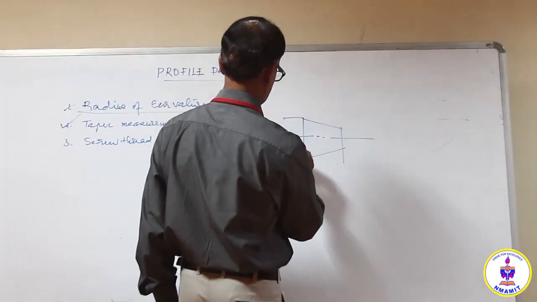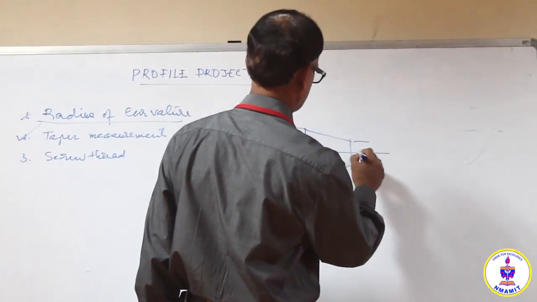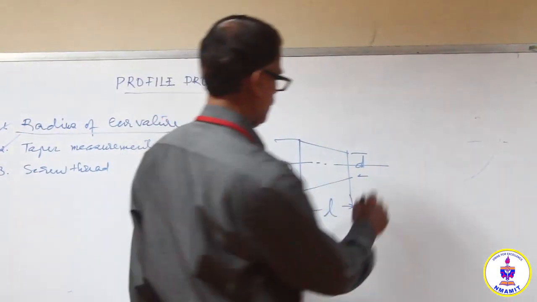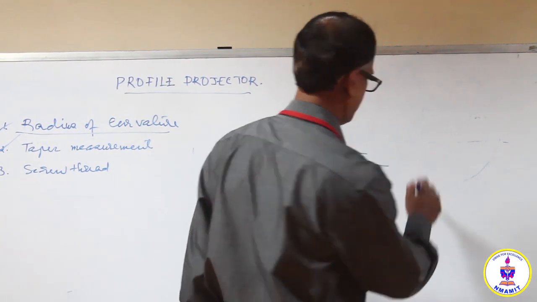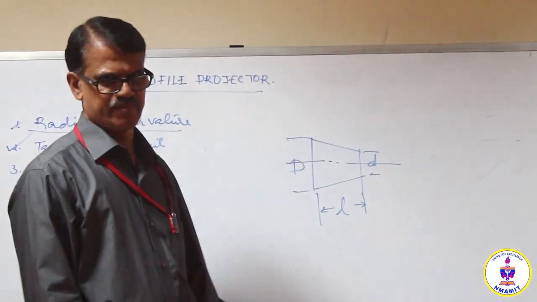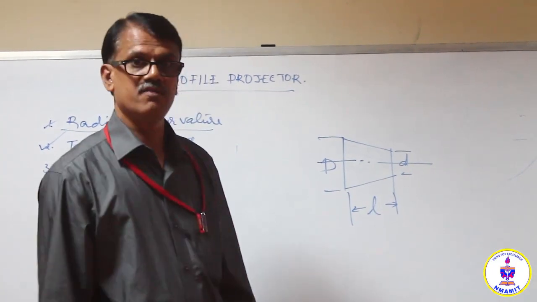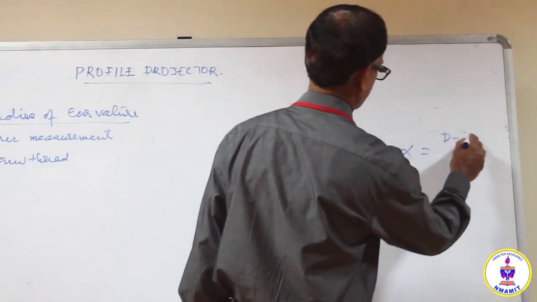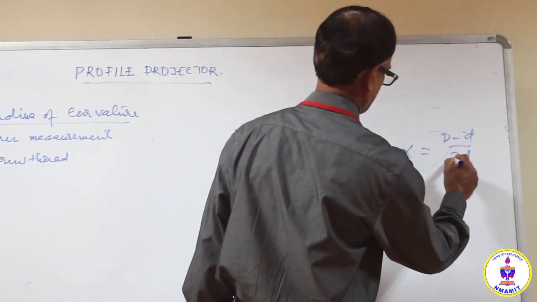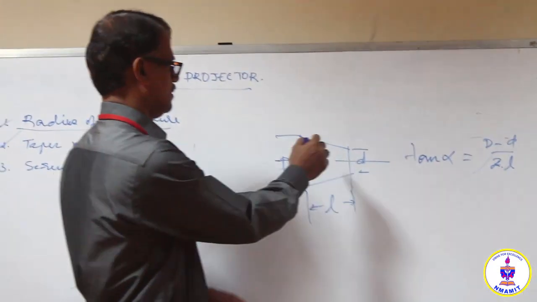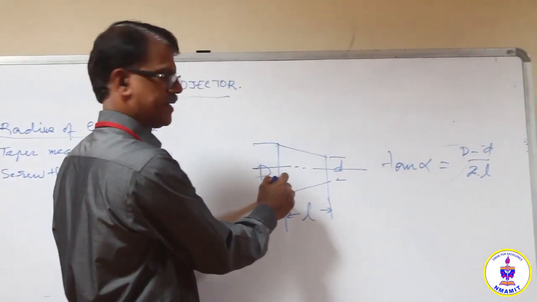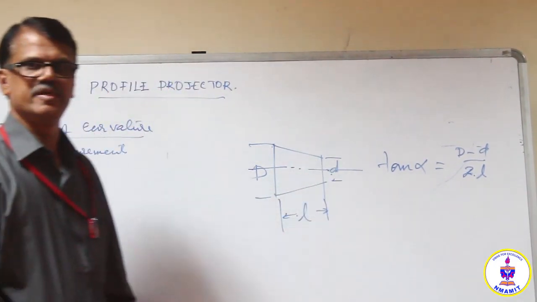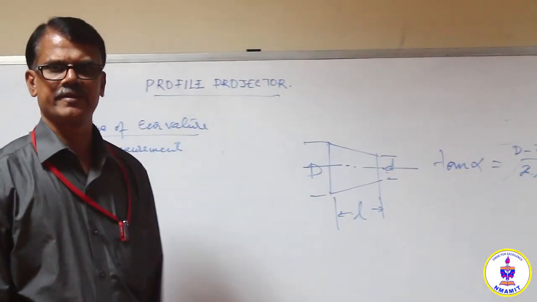So this is capital D and this is small d, and this is the distance between the two diameters, L. And the taper is defined by conicity K, that is D minus d by L, or the half taper angle is defined by tan alpha equal to D minus d by 2L, where capital D is the diameter of the larger end, small d is the diameter of the small end, and L is the distance between the two sections, or the axial length.